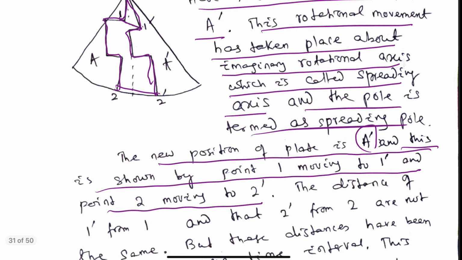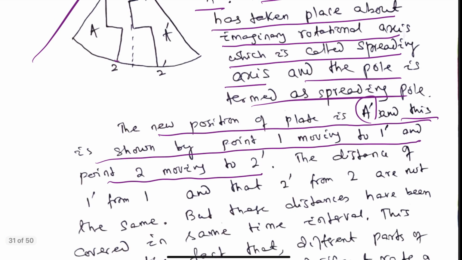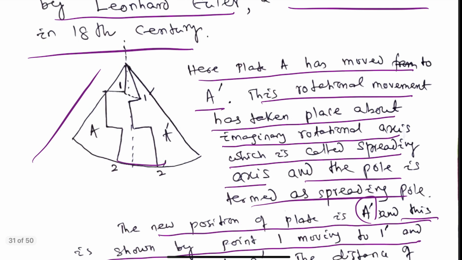But as it is a type of curved or circular motion, and it is a rotation with respect to an axis, the rate of motion is not found to be constant. The rate of motion here is different from the rate of motion that is here, because in the same time this distance is being covered.